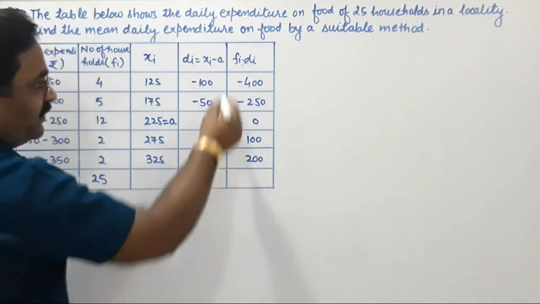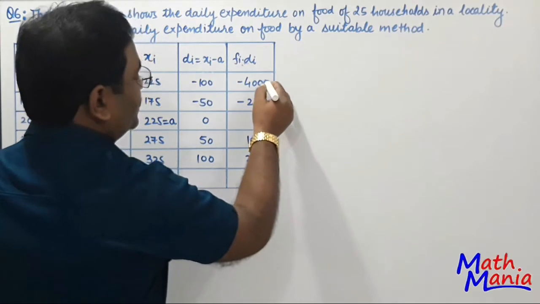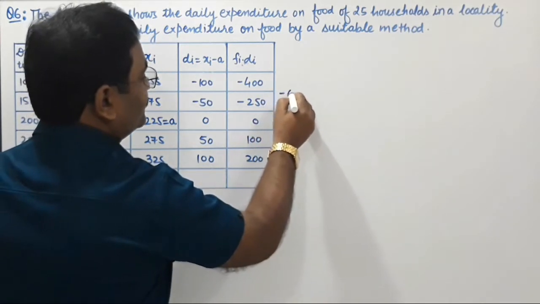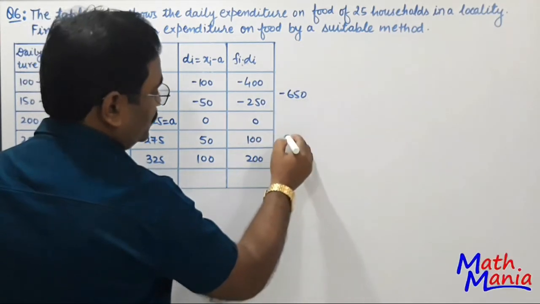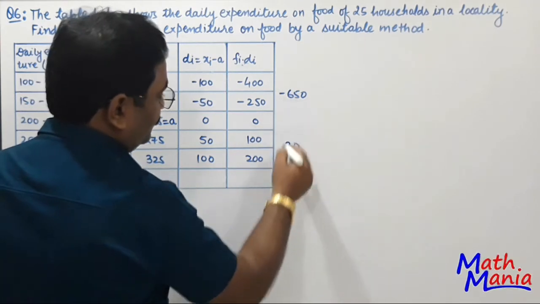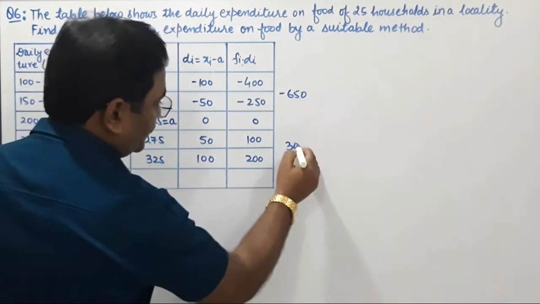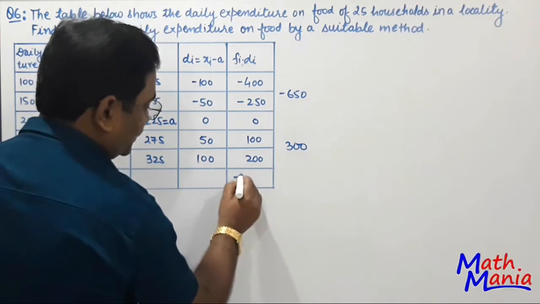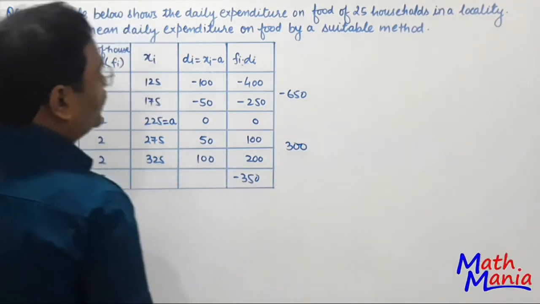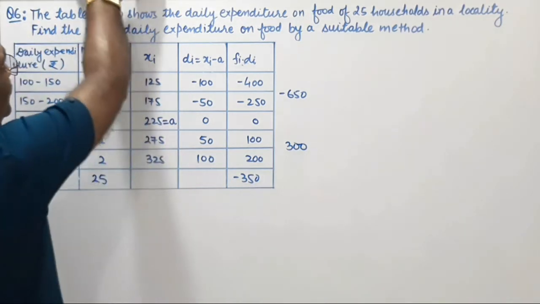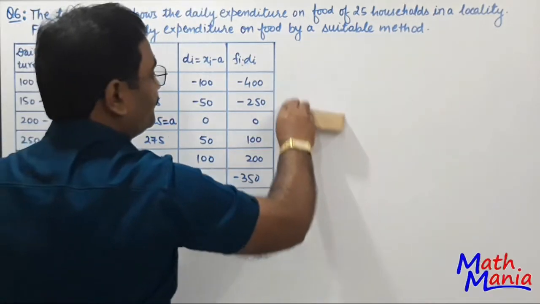Let's find the sum of Fi di. These negative numbers become minus 650 and these two positives are 300. So when you add them, you will get minus 350. Right, friends? Calculations, you can do easily.